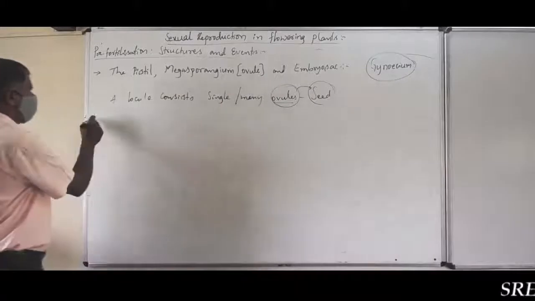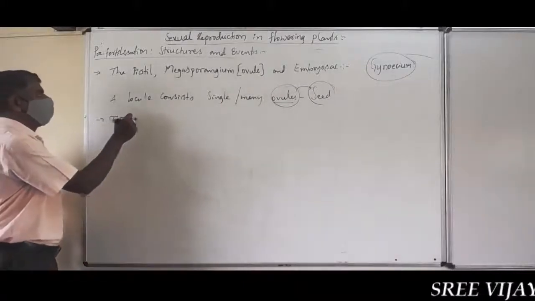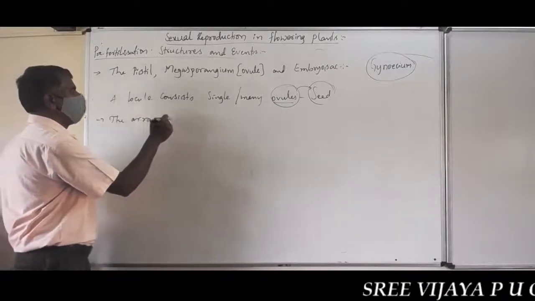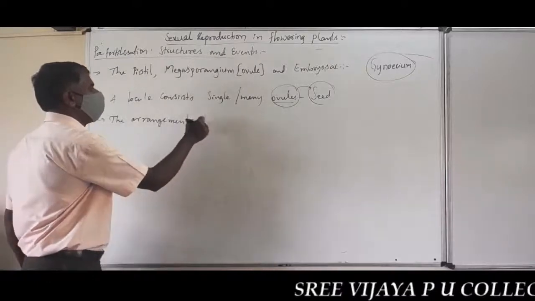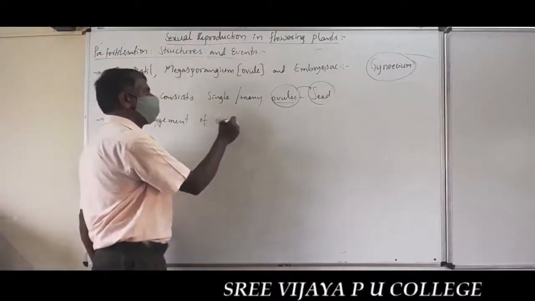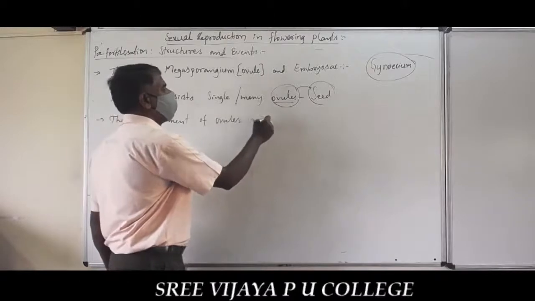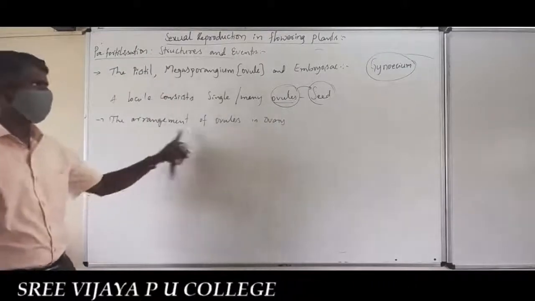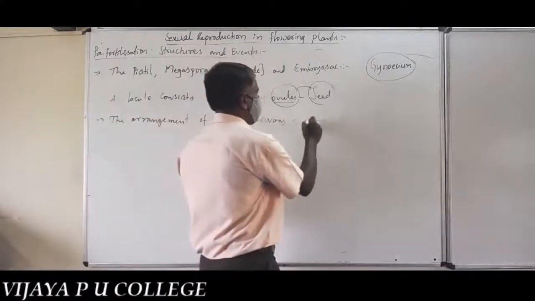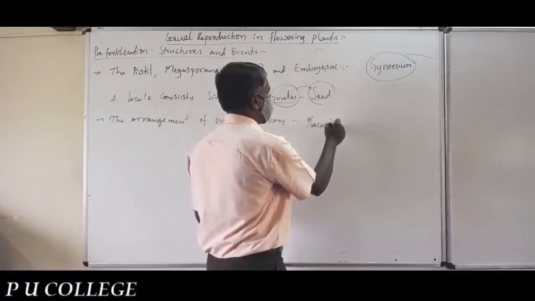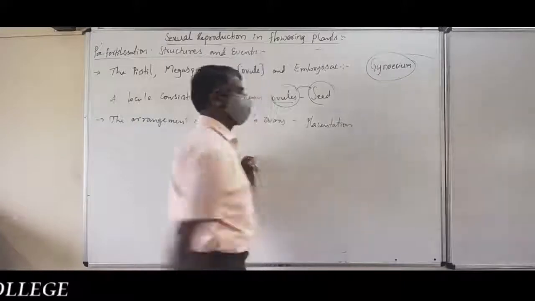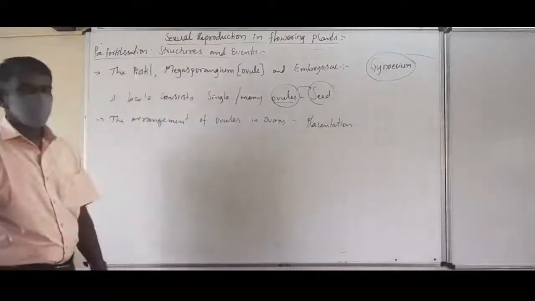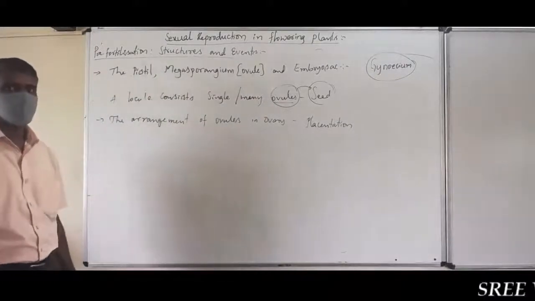The arrangement of ovules in the ovary is called placentation. We already discussed placentation in the previous class.